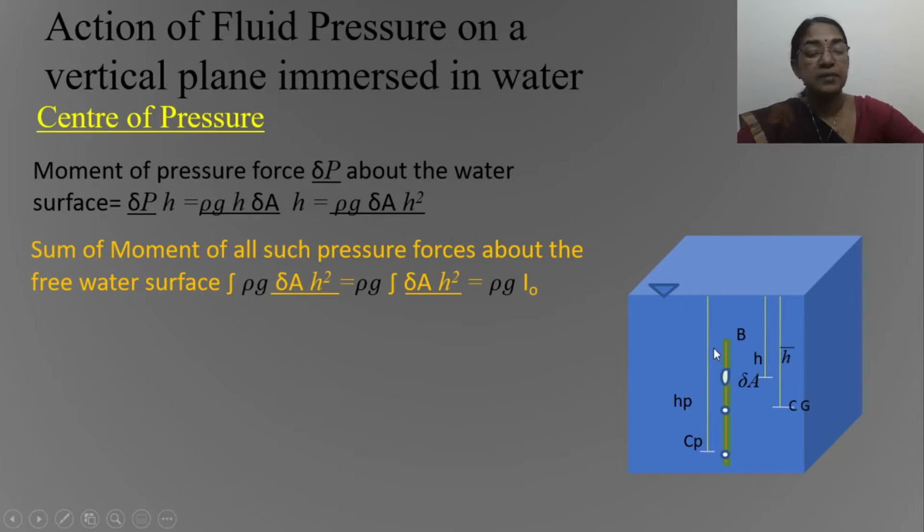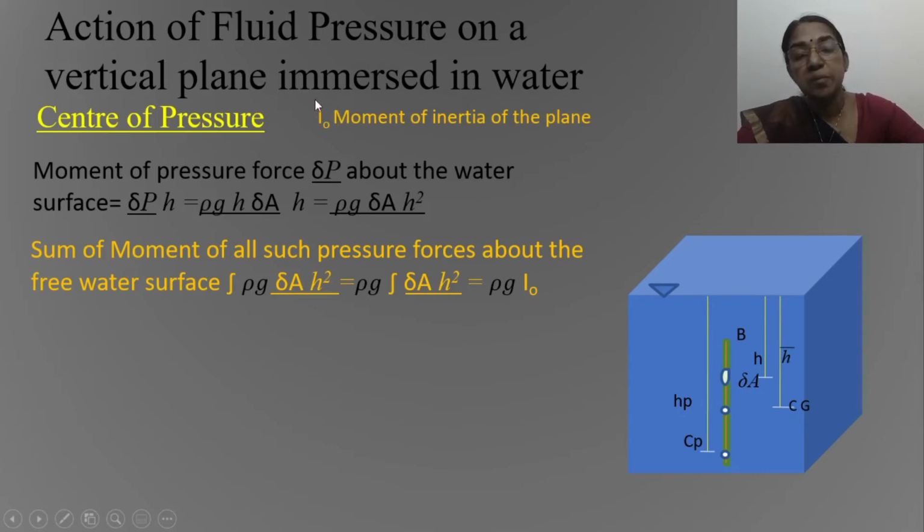Delta A into h represents the first moment of area about the free surface, whereas delta A into h squared represents the second moment of area about this free surface. In other words, the integral of delta A into h squared represents the moment of inertia of this plane about the free surface, which can be represented as rho g into I naught. So I naught is the moment of inertia of this plane about the free surface.